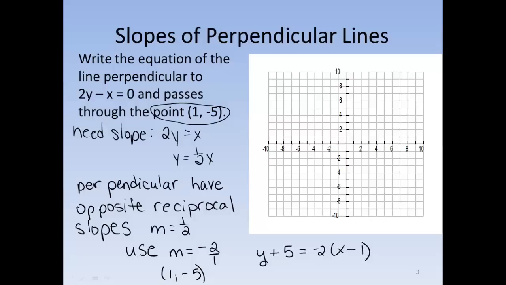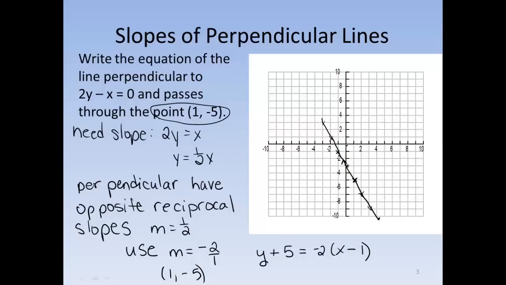If you want to multiply this out, you could, or you could just use the ordered pair 1, negative 5, a slope of down 2 over 1, or up 2 over 1 if you really want to. And because this one here has such a nice y-intercept, I'm going to go ahead and show you what the original one looked like, so you can see a little bit more how they're perpendicular.